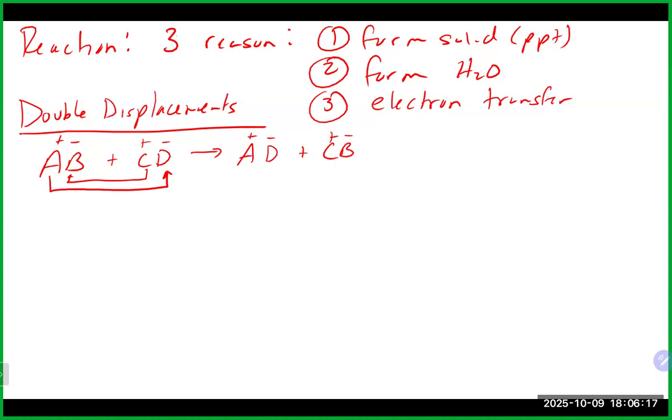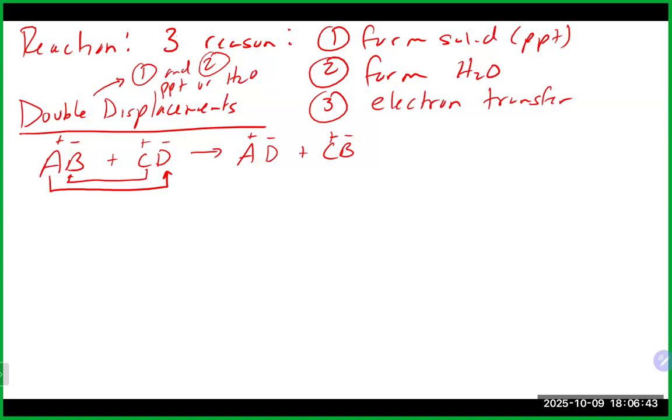And underneath double displacement, as we'll talk about, are more specific ways to classify a reaction. And these are things like precipitation reactions. These are also things like acid-base reactions. And ultimately, double displacement reactions, the big category, accounts for basically reason number 1 and reason number 2 a reaction takes place, the formation of a precipitate or the formation of water.